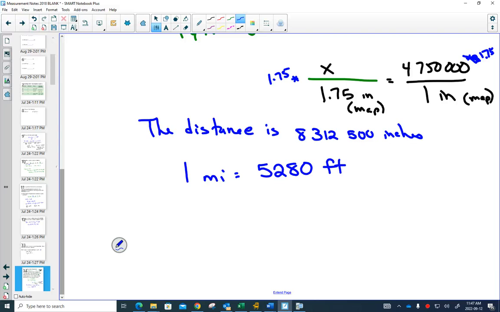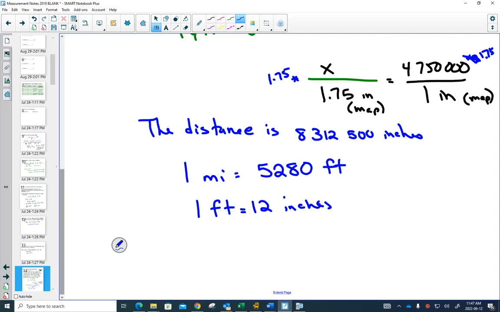We also know that 1 foot is 12 inches. I could take this and figure out how many feet I have. Should we have less than that number or more than that number when we're changing? We should have less. So I'm going to take 8,312,500 and divide it by 12.